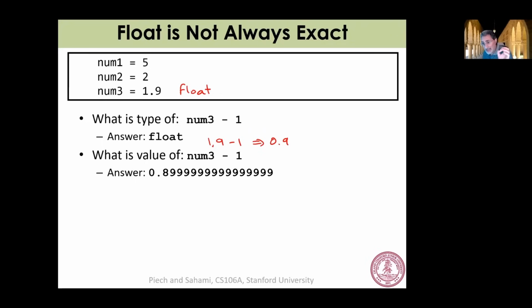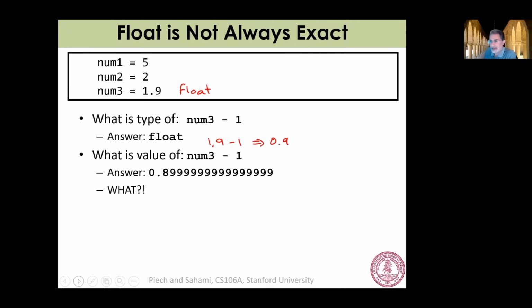The key takeaway is that it can't necessarily represent all numbers exactly, and you should be aware of that when programming with floating point numbers. Sometimes there might be little errors because you're getting an inexact representation of the number.